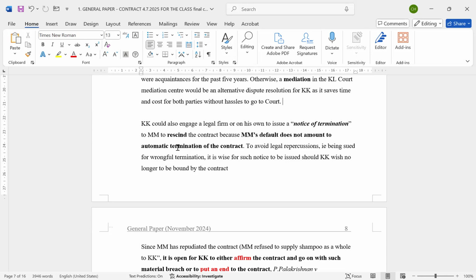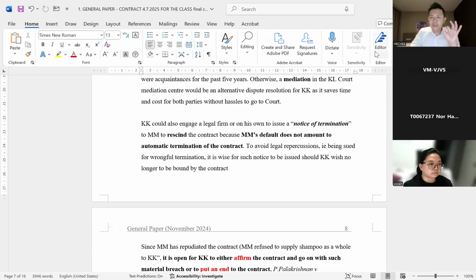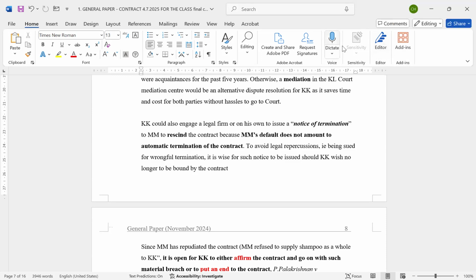So what KK must do in the first place is engage a legal firm to issue a notice of termination to rescind the contract. Very important. Otherwise, what will happen is that MM, if, for example, the US dollar stabilizes or even drops in the future, will continue to supply the shampoo to KK, and KK will have to pay.